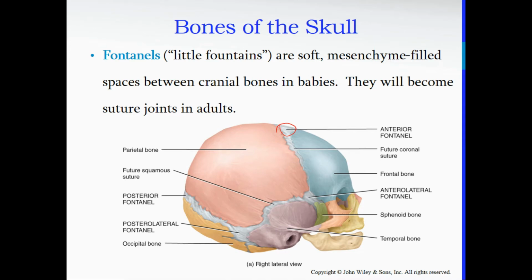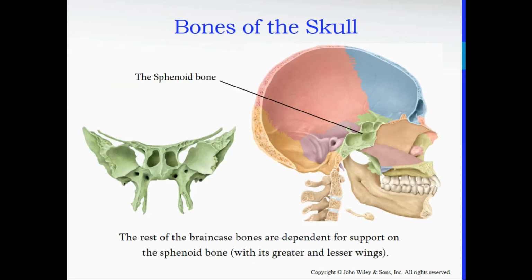And then after the baby is born, these bones will grow together and form the sutures, which are those immovable joints. But until that point, that's basically cartilage in between there. And that's what makes the baby's soft spot and why the baby has it.